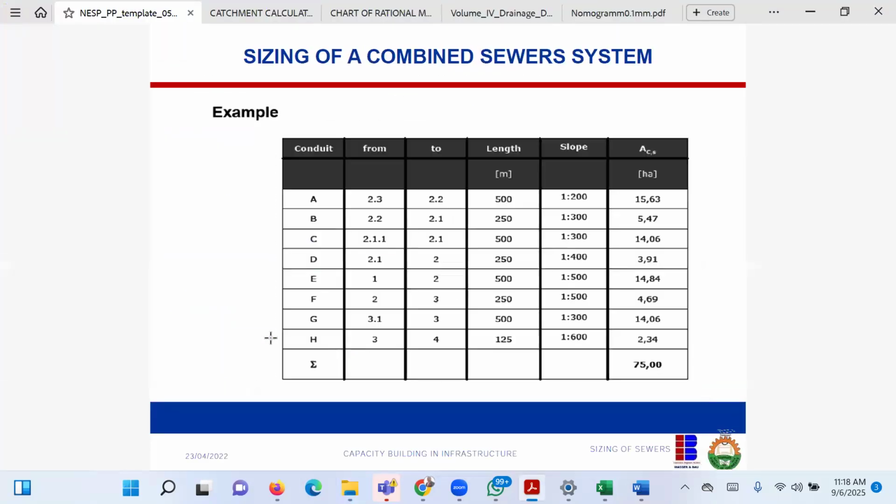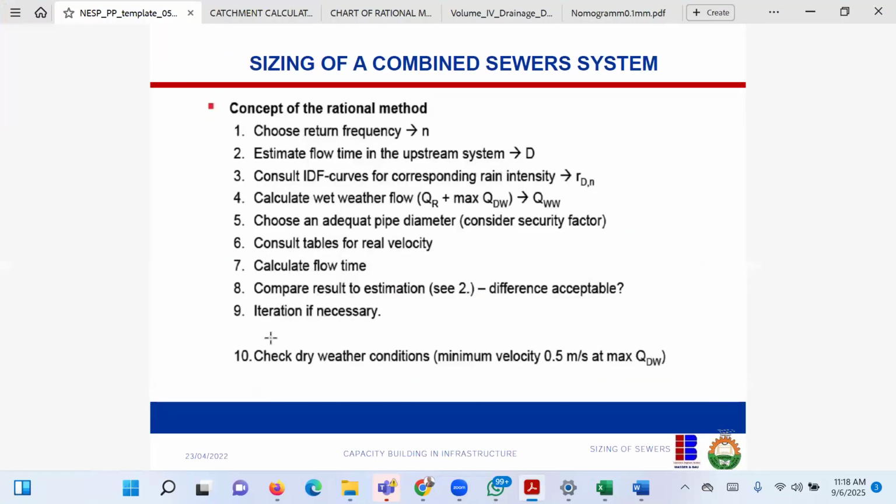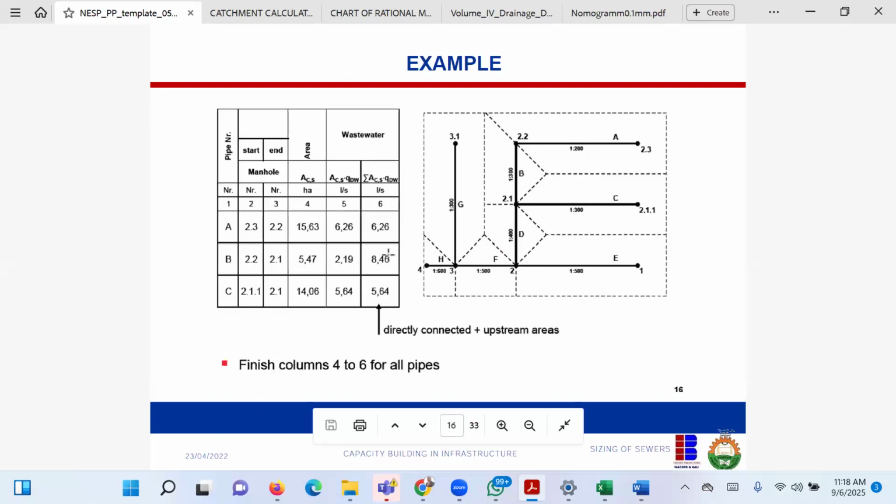Okay. Now, gentlemen, the value I just got says 15.6 times 0.41. It will give me 6.26. So it means the wastewater flow for catchment A is 6.26. Now, for catchment B, I will multiply the catchment area by 0.4 again.